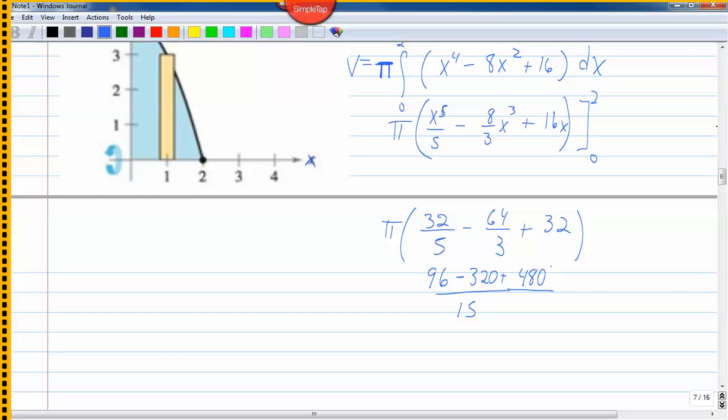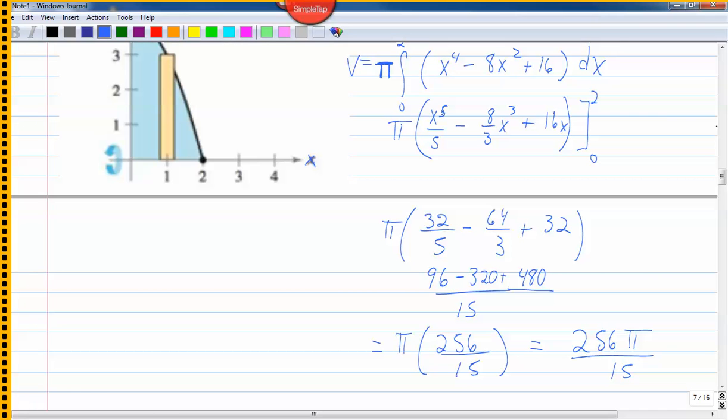So 480 minus 320 plus 96 is going to be 256. That's over 15. So my answer, my volume, is 256 pi over 15. It's cubic units.